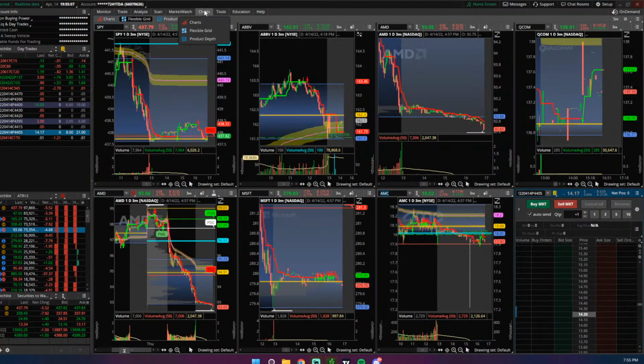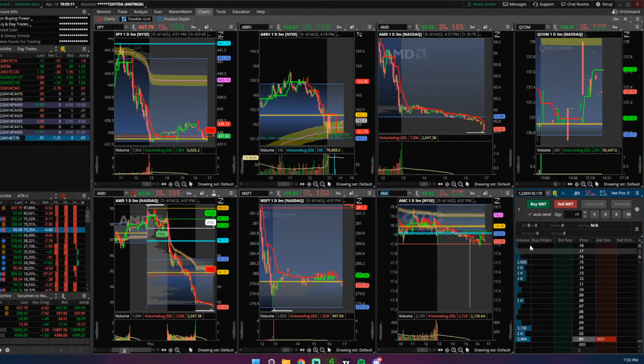Then when I go back to my flex grid and click on Apple, this contract comes up down here. From here I can choose how many contracts I want to buy, or I can do up, or I can just manually type it in.